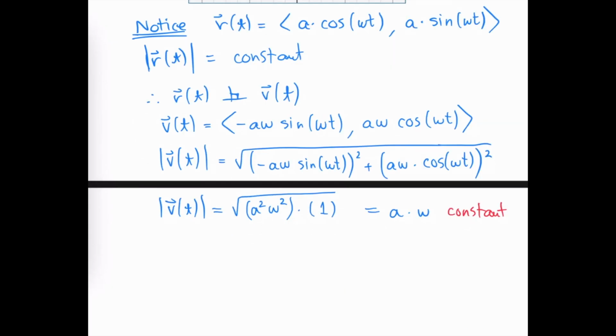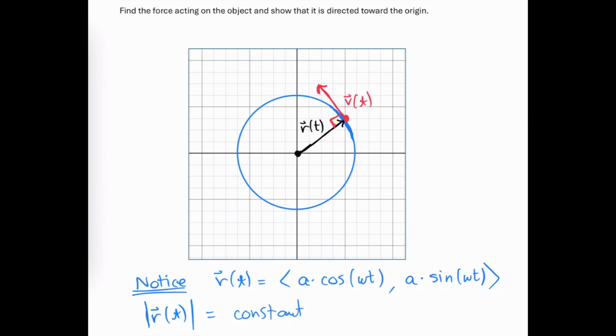And when the magnitude of a vector is constant, that tells us that the velocity vector is going to be perpendicular to its derivative, which is the acceleration vector. So then back up here at our concept drawing, that would mean that the acceleration vector is going to be perpendicular to the velocity vector, which would put it back in the direction of the original position.